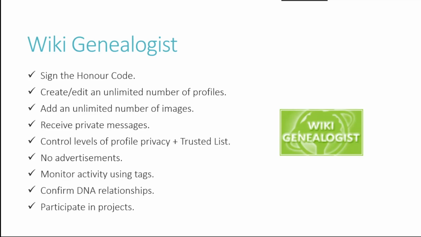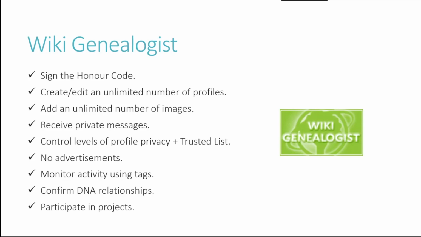You can monitor activity using a concept of tags. Often those tags might be surnames that are of interest to you. And with those tags, you will get a weekly email, and that will use the tags that you've created to tailor those emails to information that is relevant to you.